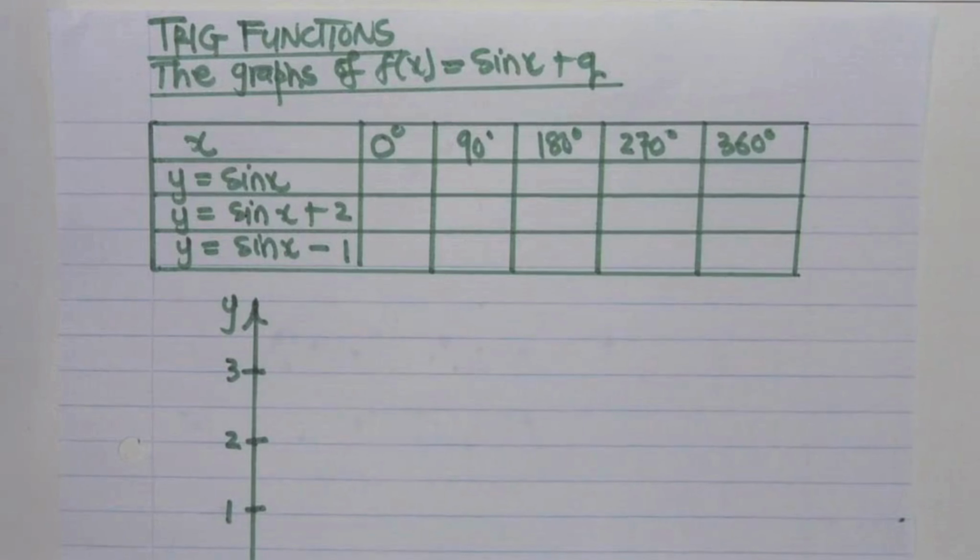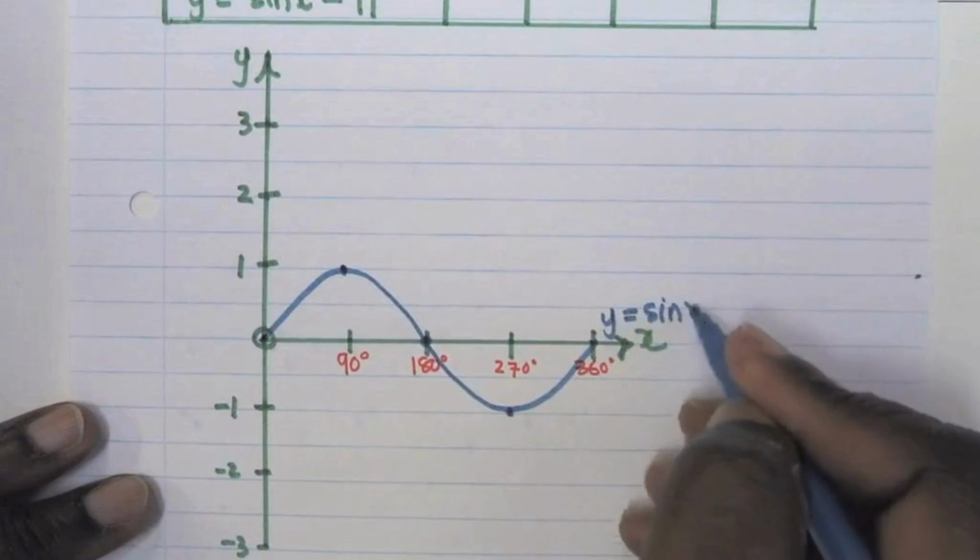And after doing my substitutions, I go to my Cartesian plane and plot the points so that I'll be able to draw this graph. And this is the graph of y is equal to sin x.